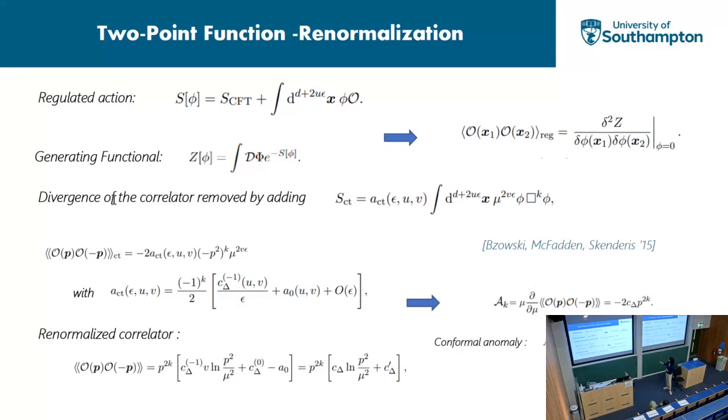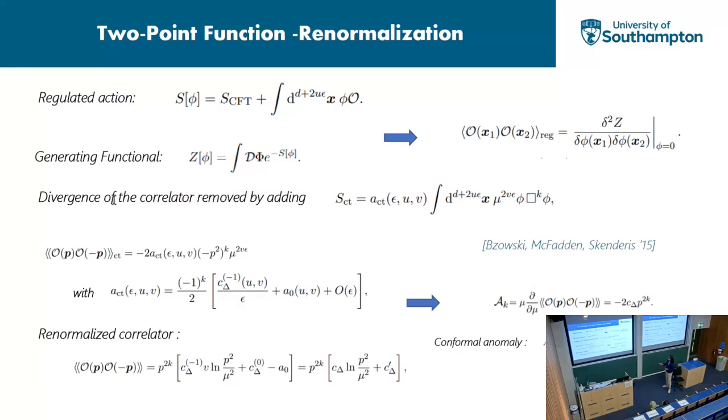So once we add this counterterm action to this regulated action and compute the correlator, we compute the contribution from this counterterm part, and if we fix this counterterm coefficient to this value here, it turns out that the divergent piece that we saw earlier cancels, and we get a renormalized correlator given here.